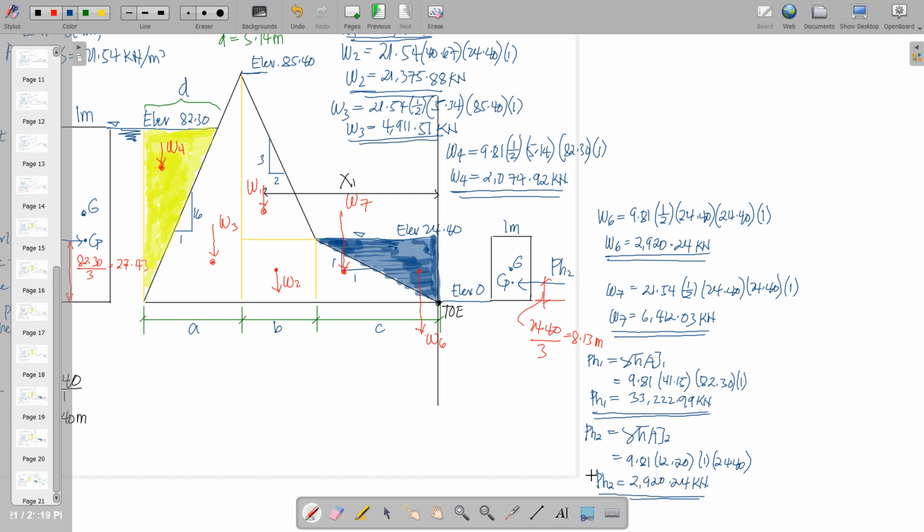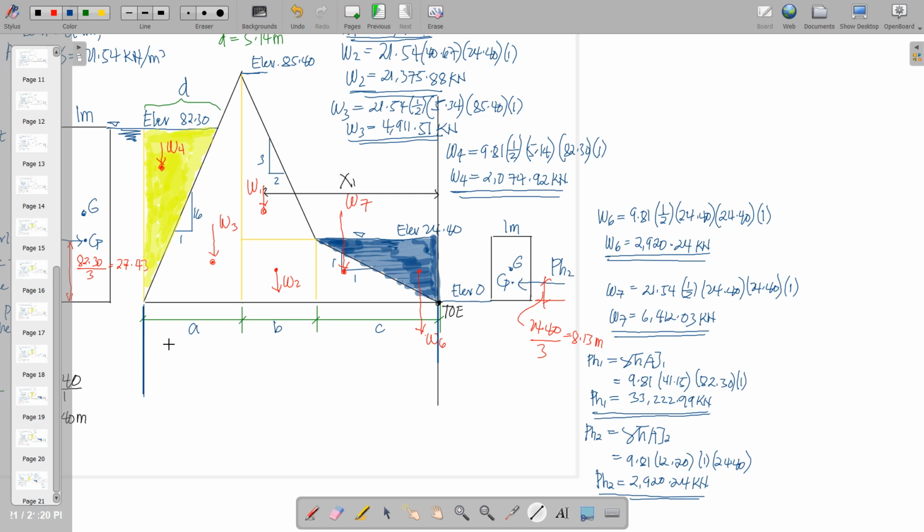Okay, so next is the uplift forces that will be developed on the base. First, we'll have a pressure here more than the pressure at this downstream side because the head of the upstream is greater than that of the downstream.